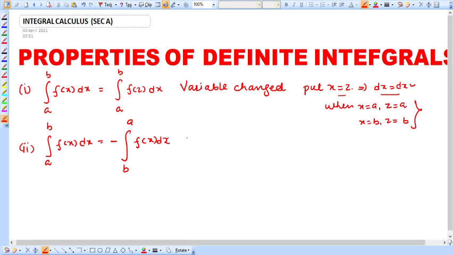So what did we do here? The limits are reversed. So see how we are going to prove this.